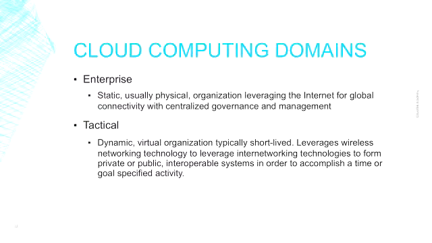The lesser known domain is called the tactical cloud computing domain. In tactical cloud computing, virtual organizations, which are typically short-lived, leverage wireless networking technology to form private or public clouds and interoperable systems. This is typically associated with military organizations.